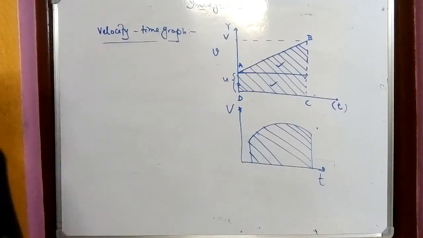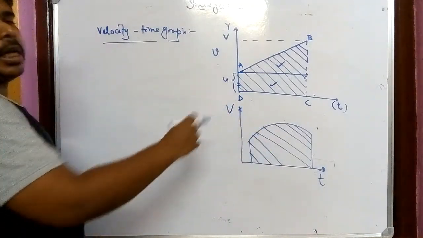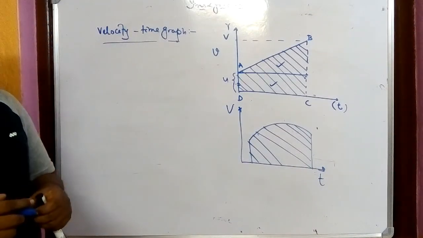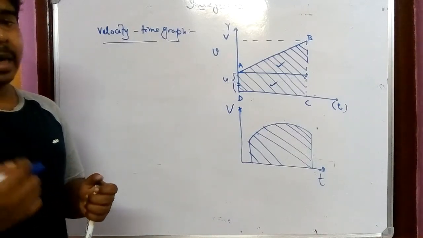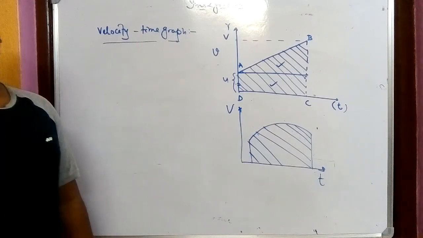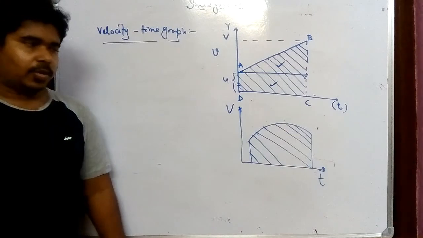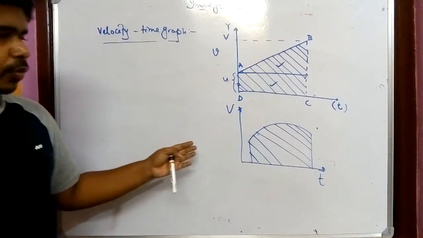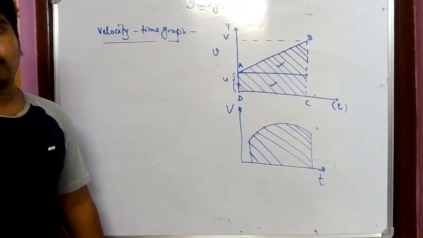It doesn't have any equation to find the area of this kind of shape. Then how can we find distance from a velocity-time graph? For that reason, we need one important part of calculus, that is integration, so that with the help of integration, I can find the area of this irregular shape also.